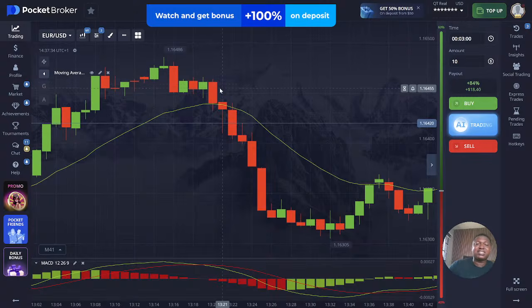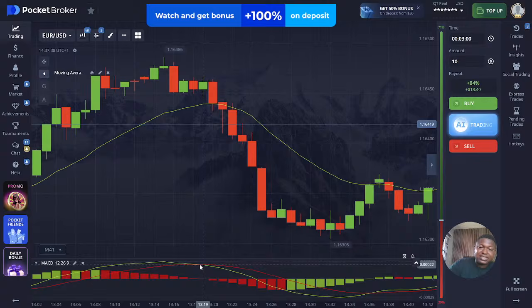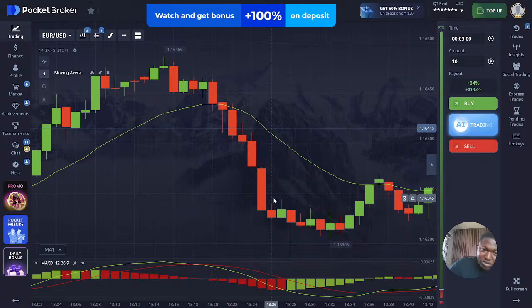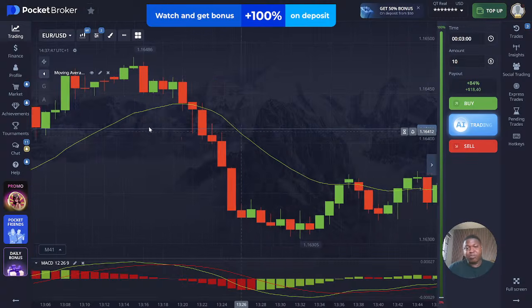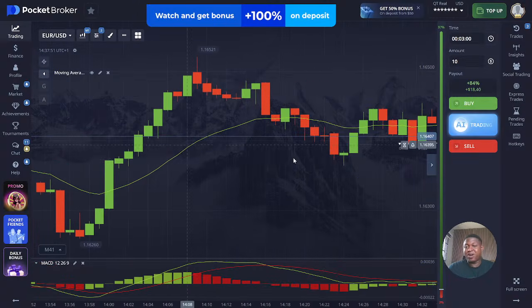When the price crosses downwards through the EMA and the MACD green line crosses below the red one, facing down, then you take a what? A sell trade. These are basically it. But on this trade, we might not get that because of how the market moves.